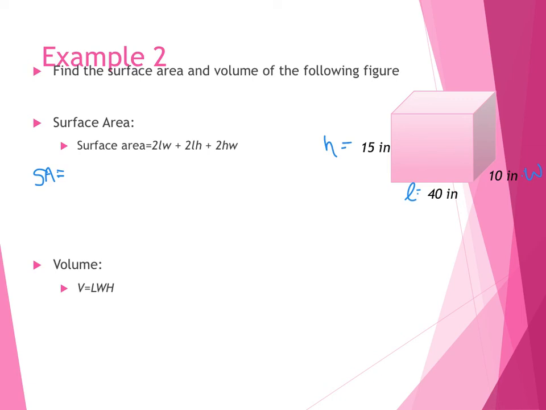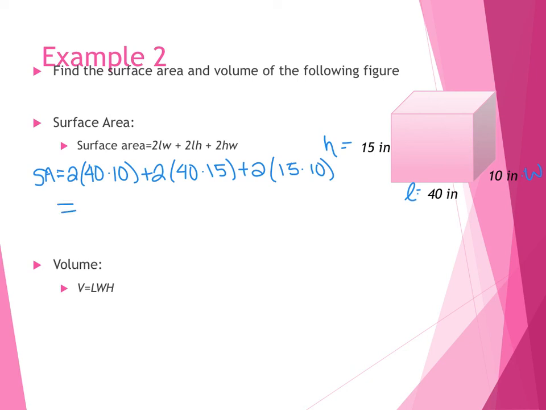So I'm going to have 2 times 40 times 10 plus 2 times, and now we're looking at length and height, so that's our front and back. So 40 times 15 plus 2 times, and my height and my width, that's our sides. So 15 times 10. It really doesn't matter which order as long as you get all of those pieces in there.